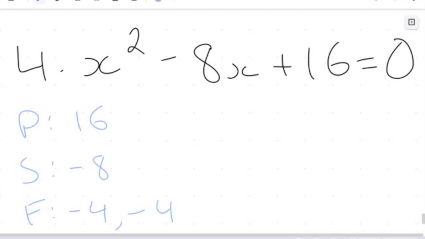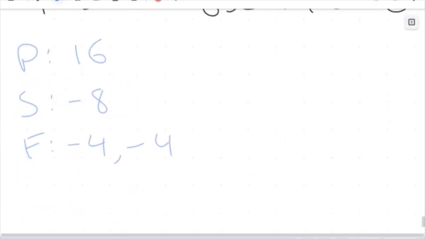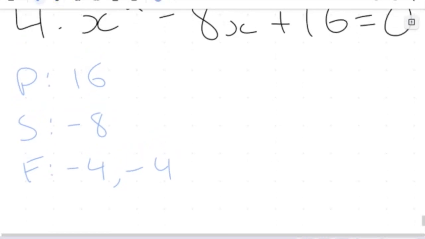So I have two of the same factors, because -4 plus -4 gives me -8, and -4 times -4 gives me 16. So my factorized thing here is going to be x minus 4, x minus 4.